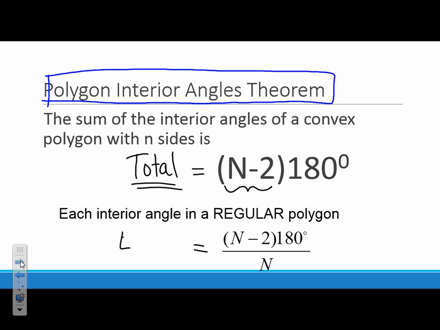So I'm going to put this as each angle equals number of sides minus 2 times 180, that's the top, all divided by the number of sides. So we can use these formulas to calculate angles in shapes, okay, and to figure out missing angles as they would be labeled in shapes.